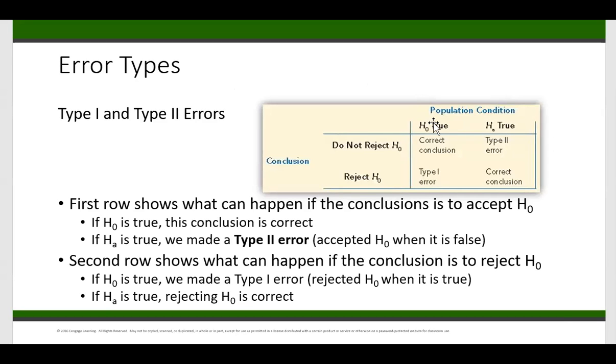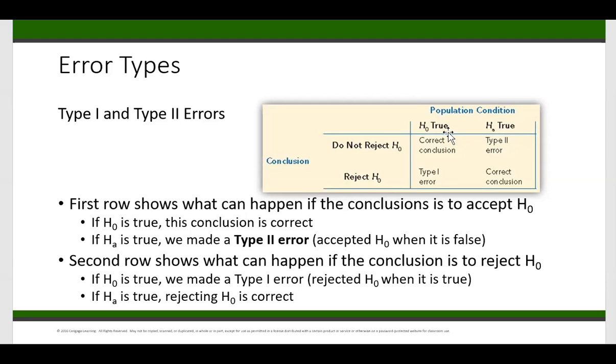So the truth about the population parameter has to be either the null hypothesis should be true or null hypothesis should not be true, which would be equivalent to alternative hypothesis true, right?